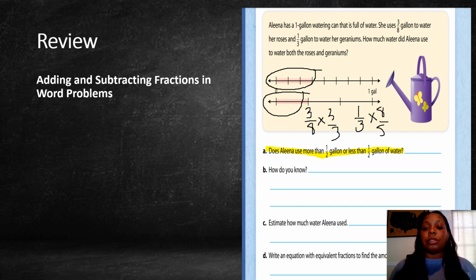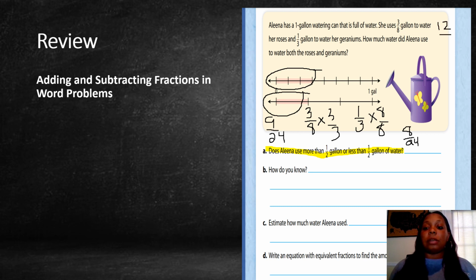My new fractions are now going to be 9 over 24 and 8 over 24. Now that I have a new denominator, I can figure out what half of 24 would be, and that would be 12 over 24.